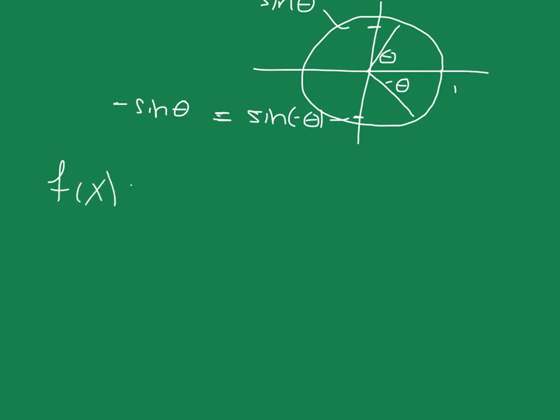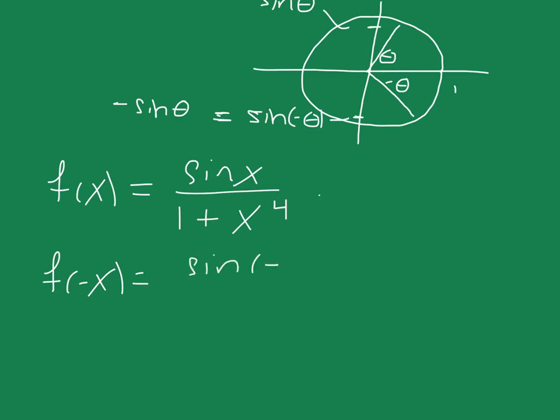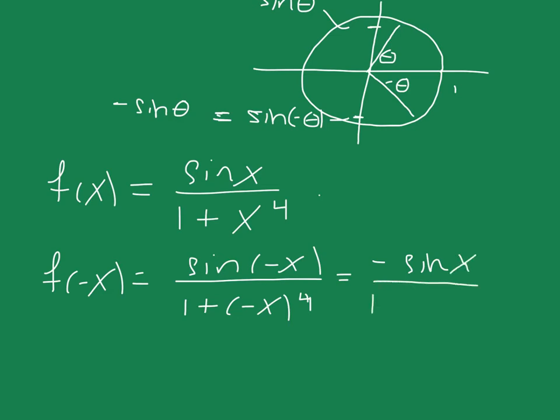So remember, f of x in this case was sine x over 1 plus x to the fourth, and so f of minus x is equal to sine minus x over 1 plus minus x all to the fourth, which is equal to, as we just said, sine x is odd, so sine minus x is actually equal to minus sine x, and because 4 is an even power, minus x to the fourth is just x to the fourth.